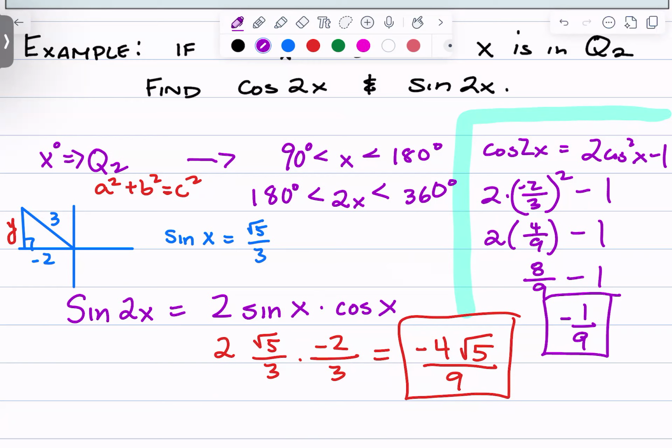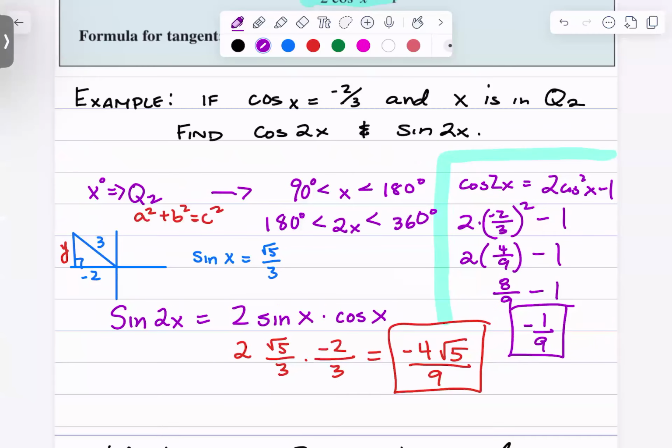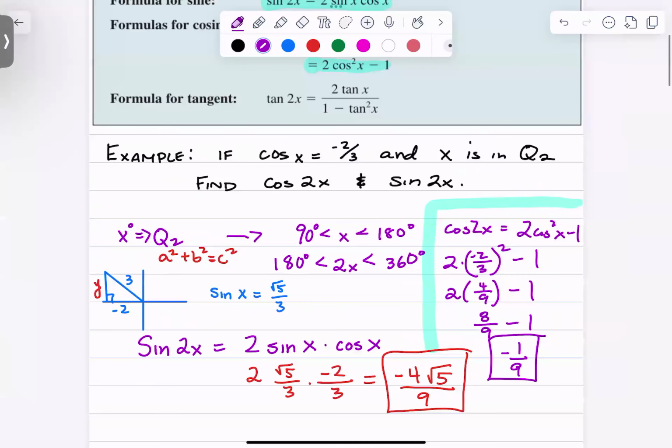Third, because my cosine and sine values are negative. Okay. Questions on this example? So that's how we're going to use the double angle formulas.